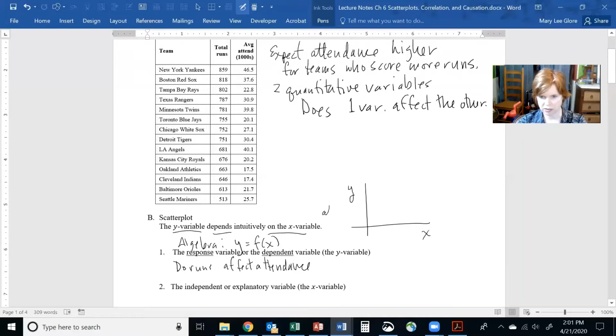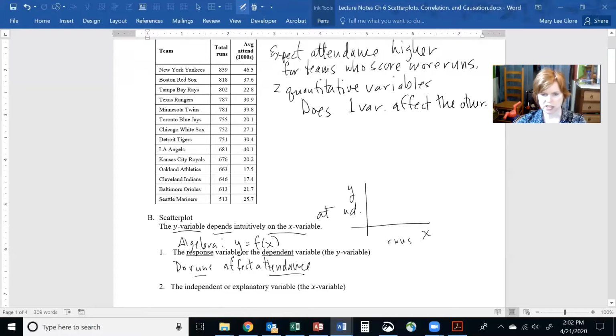So we're going to put attendance over here, and then I'm going to put runs down here. The y variable is called the response variable or the dependent variable, because we think y depends on x. So here, attendance depends on runs.